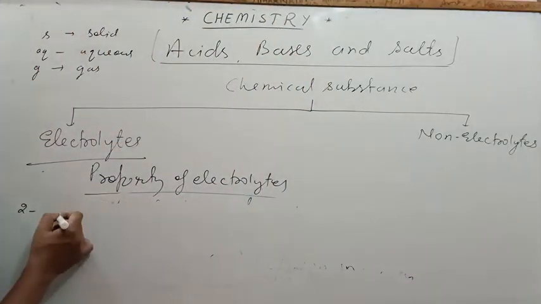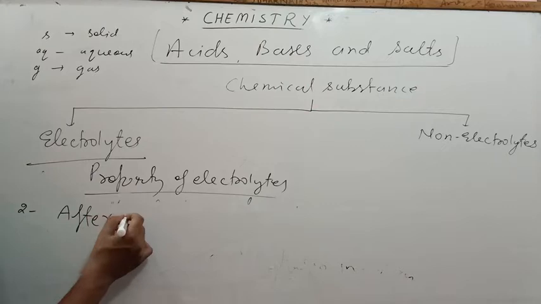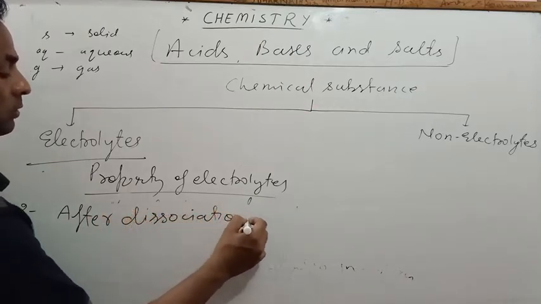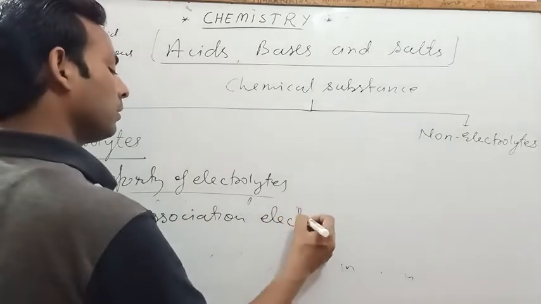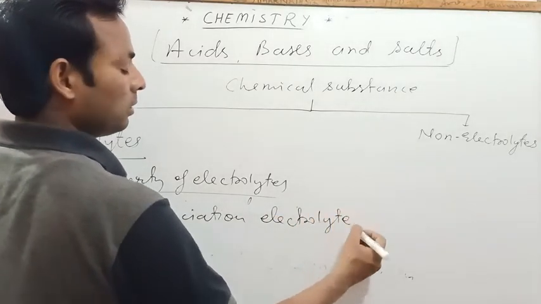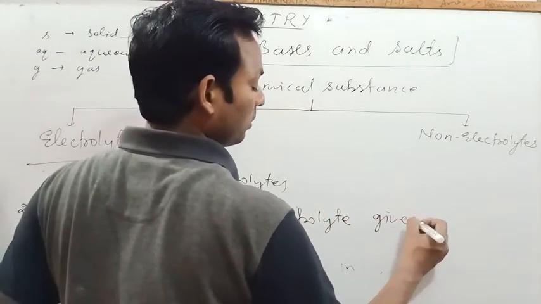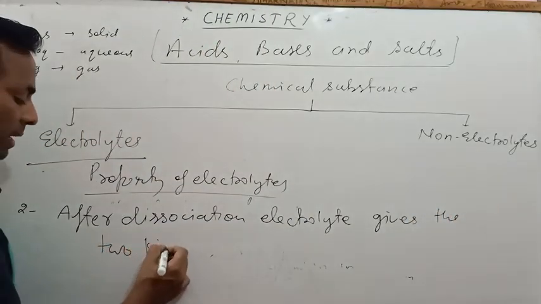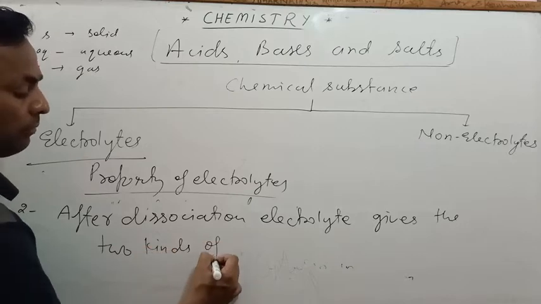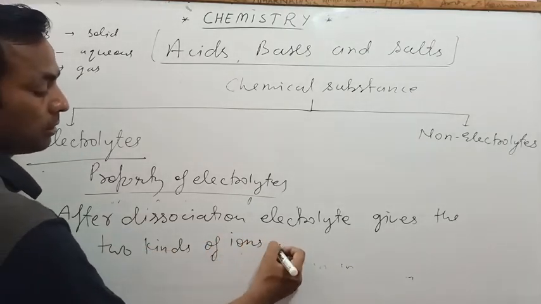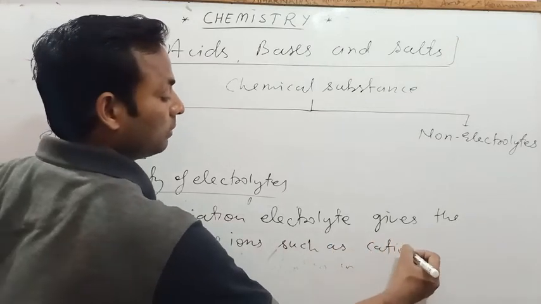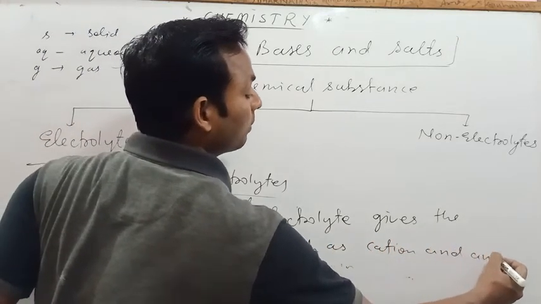So after dissociation, electrolyte gives two kinds of charged ions, such as cation and anion.